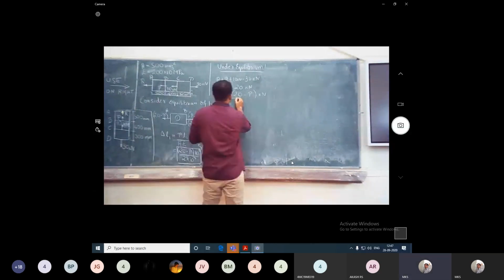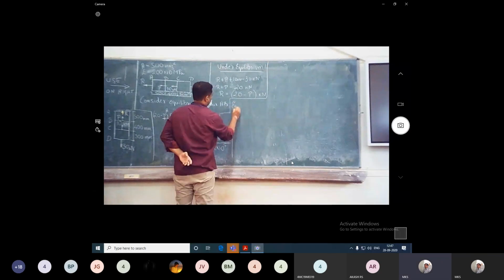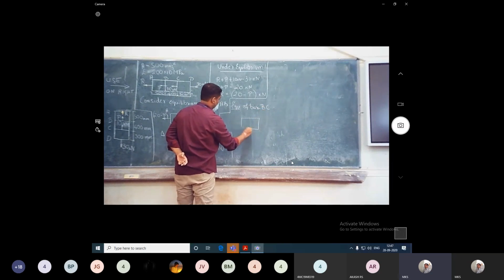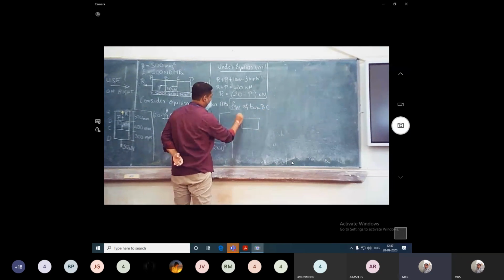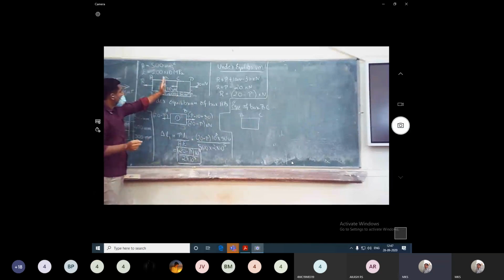Next, you draw the equilibrium of BC, bar BC. So what are the forces you draw? So this is BC. If you consider BC at point B, what are all the forces at point B?